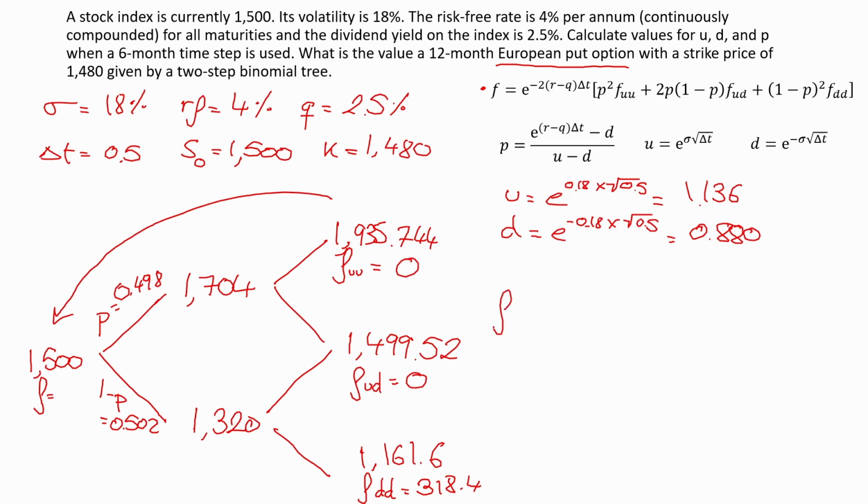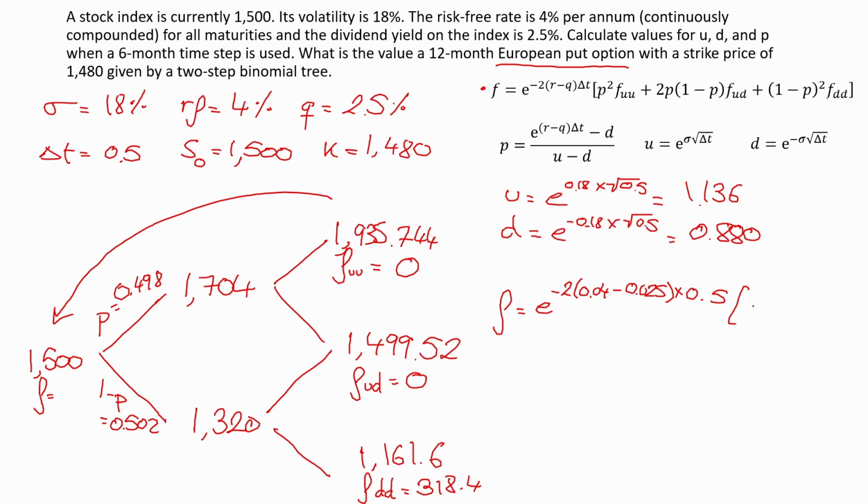So f is going to be e to the power of minus 2, open brackets, risk-free rate, which is 4%, minus the dividend yield, times the time step, which is 0.5, and then we open brackets.